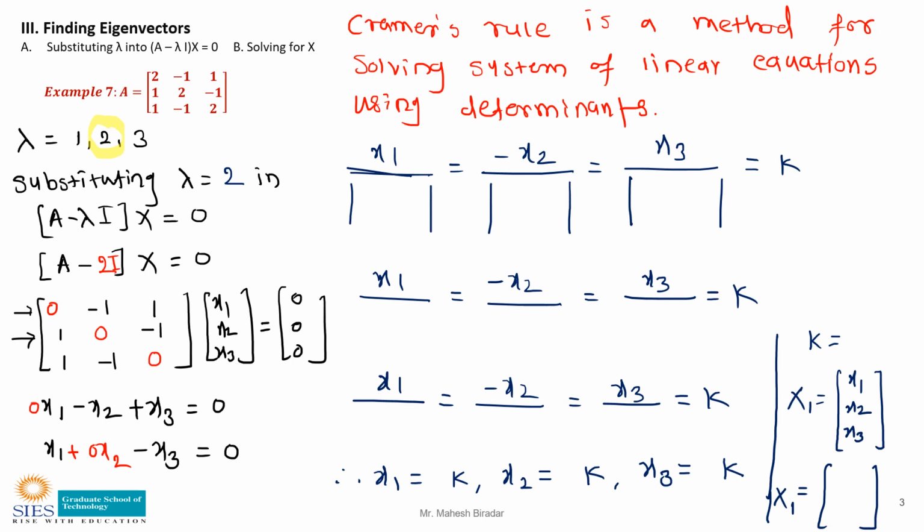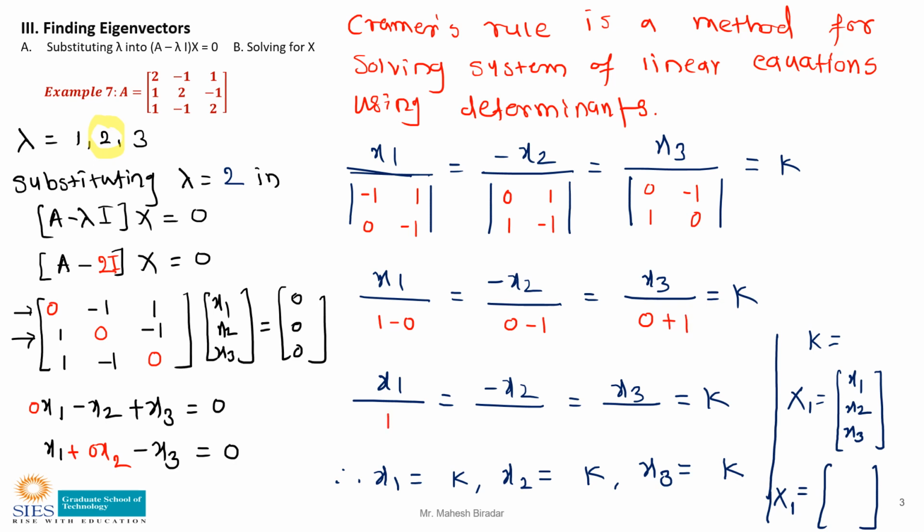Okay. Now x1 divided by, you write the coefficients of x2 and x3, minus 1, 1, 0, minus 1, x2 divided by 0, 1, 1, minus 1, and x3 divided by 0, 1, minus 1 and 0. If you simplify, this will be 1 minus 0, this will be 0 minus 1, and this will be 0 plus 1.